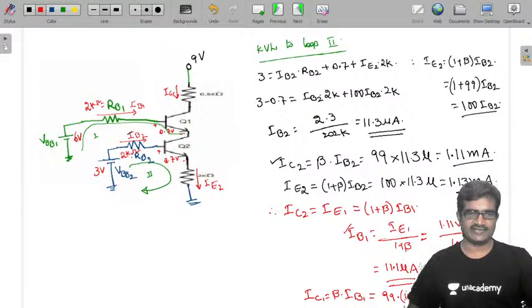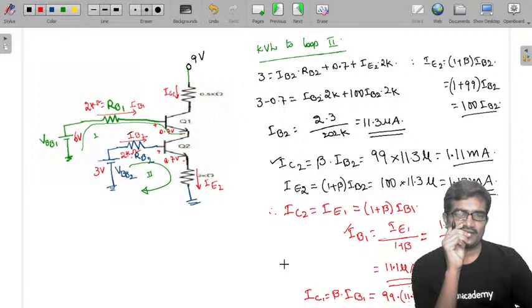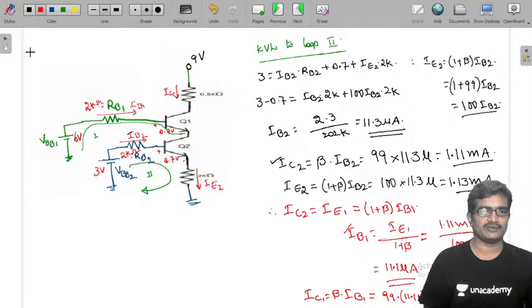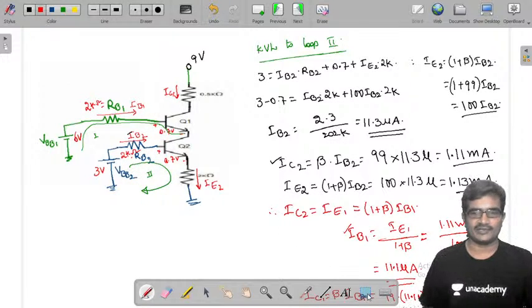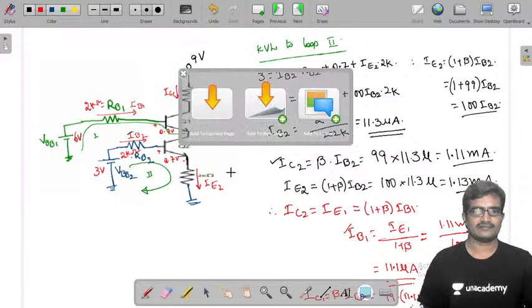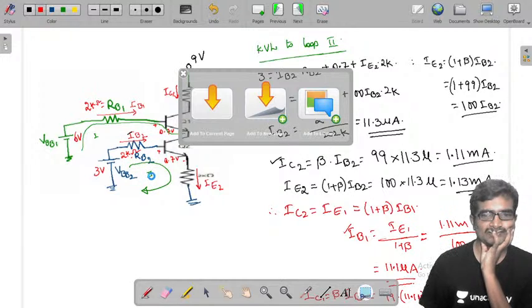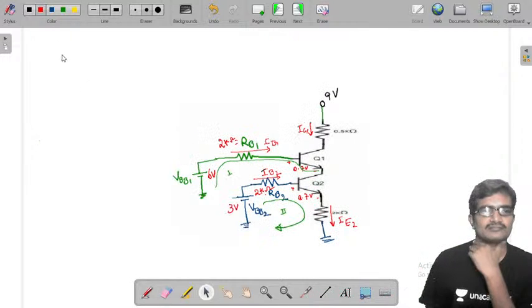That is IC1. Once you know all the currents, go and apply KVL to the output loop. Before calculating the output loop, first I am copying this circuit. Now see this.